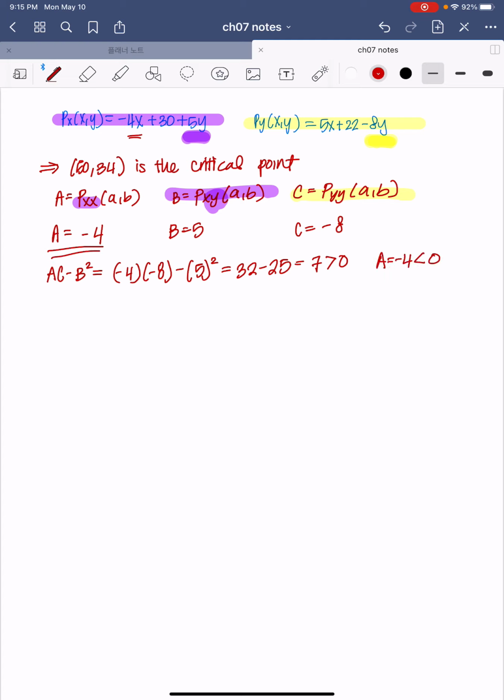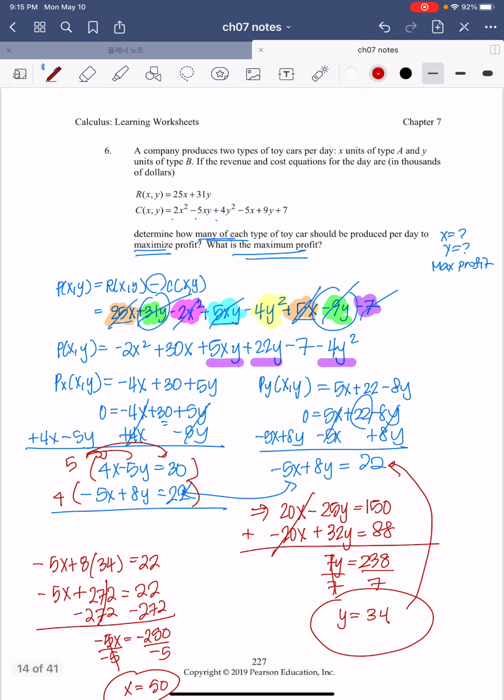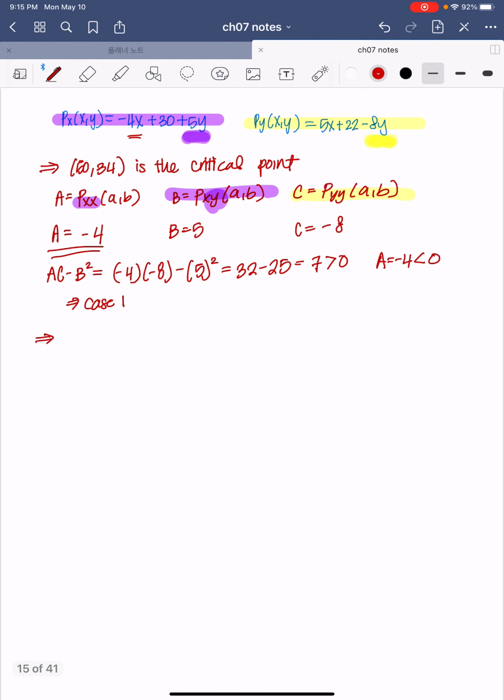So it is case 1. So the above value is our maximum. So that means our critical point 50, 34 is our local max.